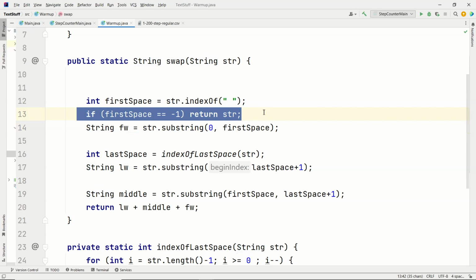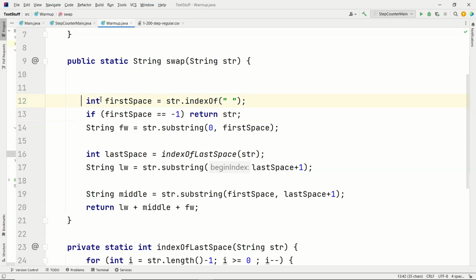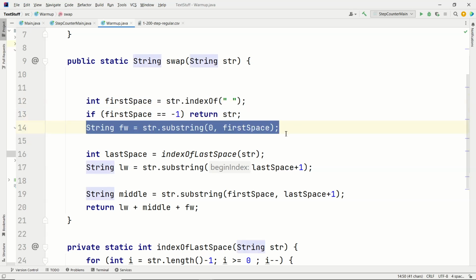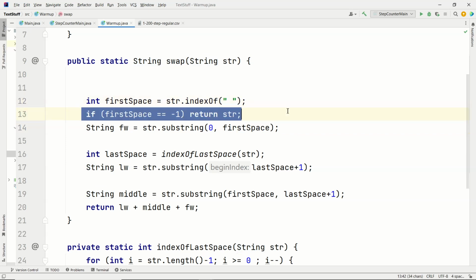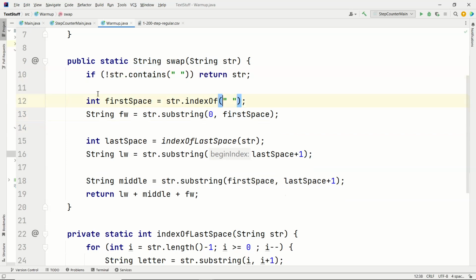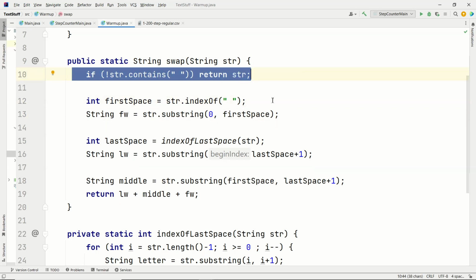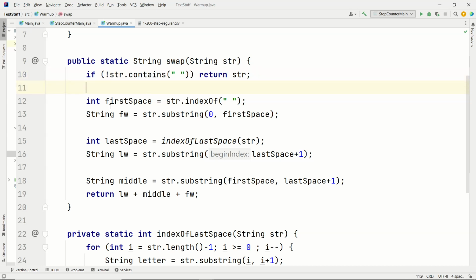Line 13 is about the input where there are no spaces. Lines 12 and 14 are part of the same idea for what to do if there is a space. And I don't like the fact that I'm mixing that all together there. So that's why I prefer the solution I had a second ago, where I first check for the unexpected edge case at the very beginning, and then as soon as I'm sure that we have spaces, now I can go through and do the rest of it.